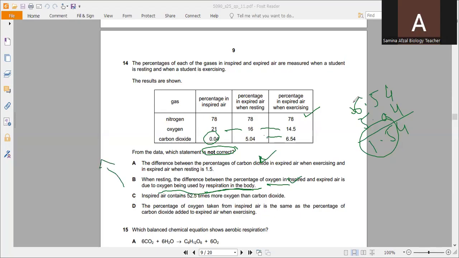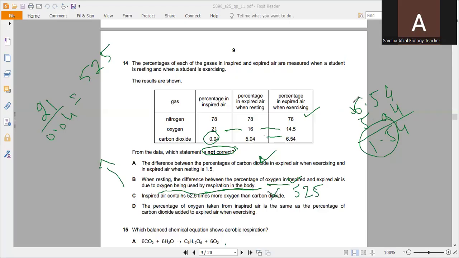If we divide 21 by 0.04, the answer becomes 525 times. And they have said 52.5 times. No, it is 525 times. It means this statement is not correct.